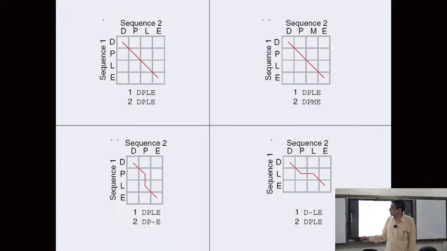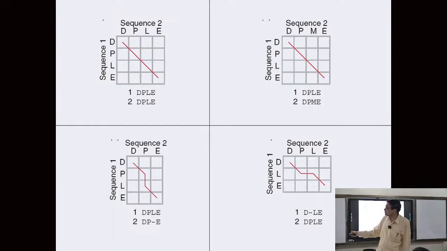Let's see how this can be visualized in the matrix. D aligned to D, star here, P aligned to P, star here, so diagonally. But then L is aligned to a gap. How can this be shown in the matrix? Vertical, right? You move from residue P to residue L in sequence 1, but you remained at residue P in sequence 2.